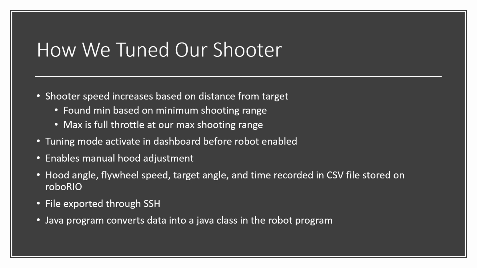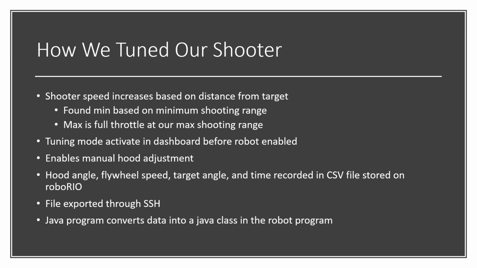We also had a tuning mode that was activated by the dashboard before the robot was enabled. We only really tuned the hood maybe 3 times, because once we tuned it, it was pretty set in stone. The tuning mode enables manual hood adjustment. We would put the robot at different distances from the target, then move the hood manually until we found a good angle for the ball to consistently go into the target.